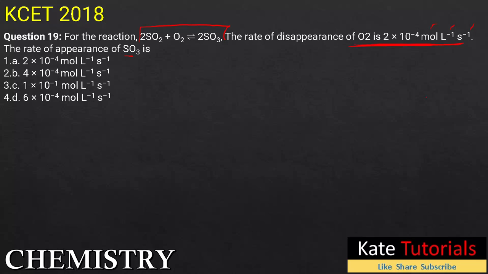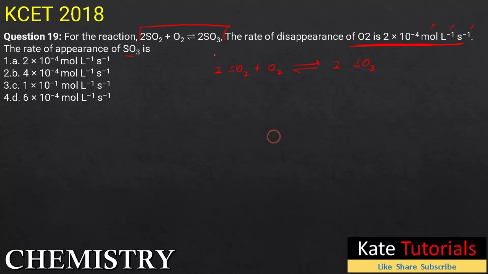If you have studied chemical kinetics thoroughly, you can easily solve this. So they have given this reaction: 2 molecules of SO2 plus O2 in equilibrium with 2 molecules of SO3.